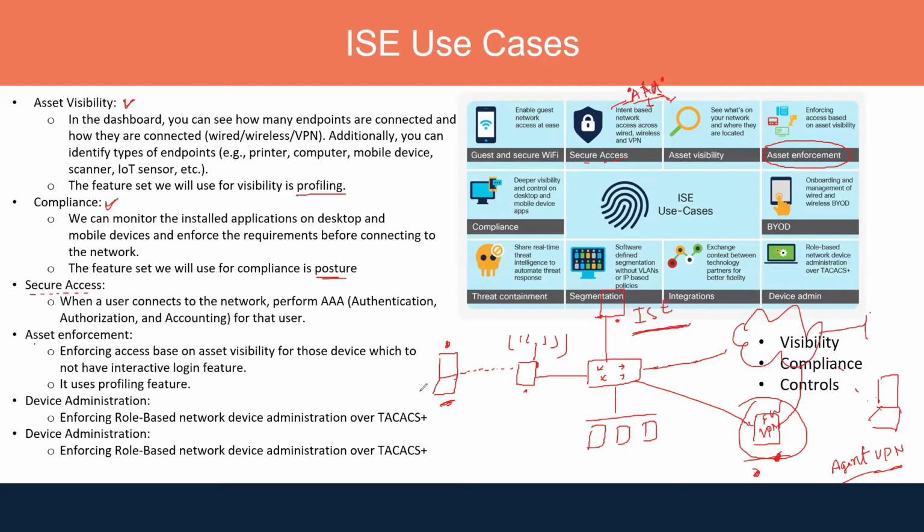Can you guess who all can connect to your network? You have a laptop which can connect to your network, right? You would have a server which can connect to your network. You have mobile devices which can connect to your network.